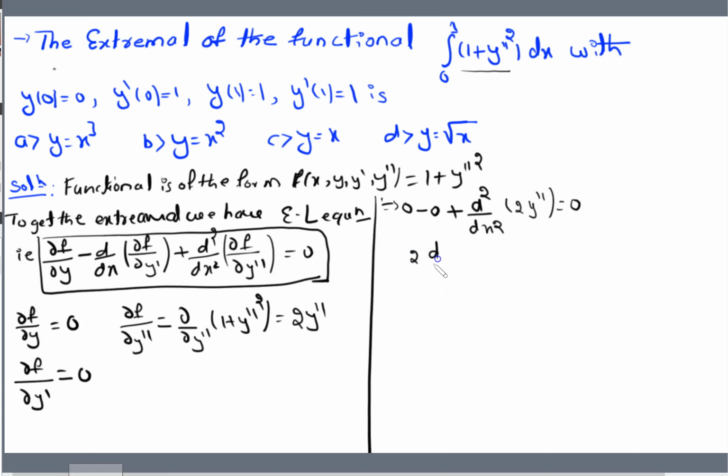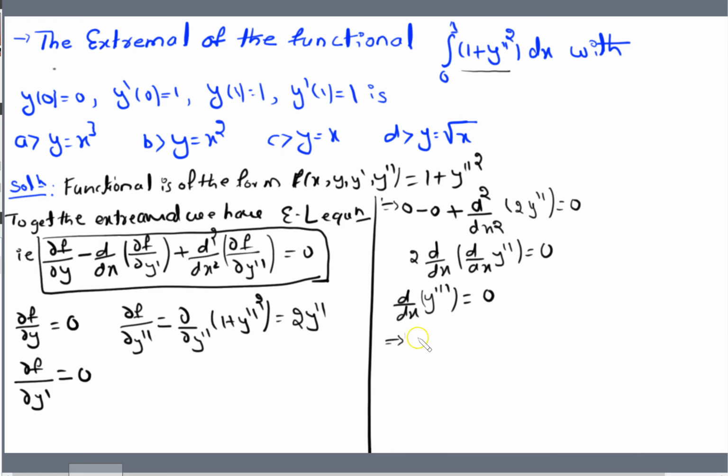Take 2 outside: d by dx of d by dx of y double dash is equal to 0. Now it will become d by dx of y triple dash is equal to 0.